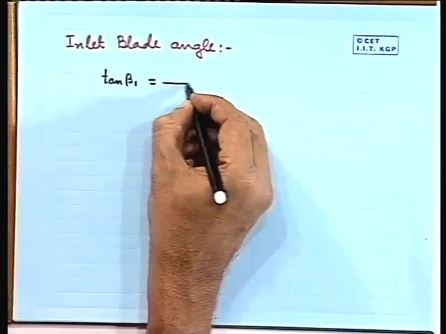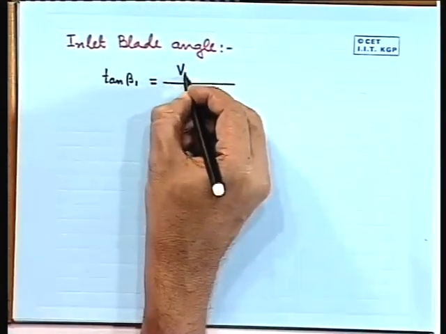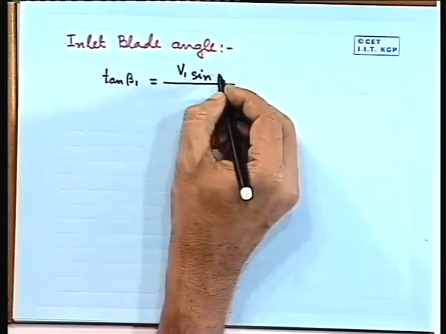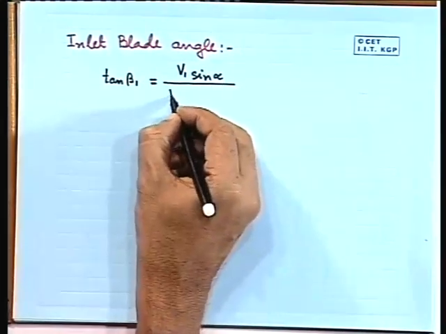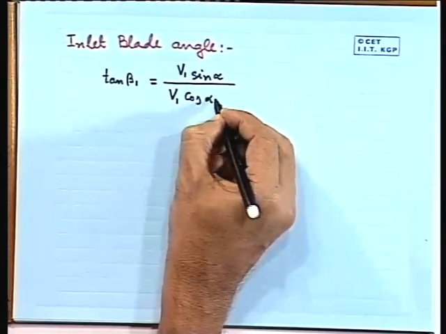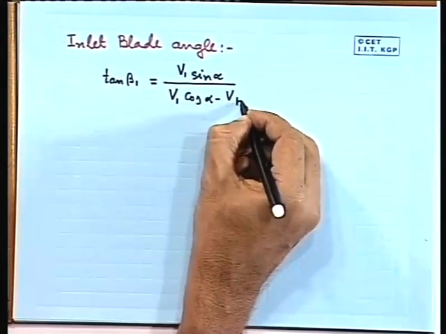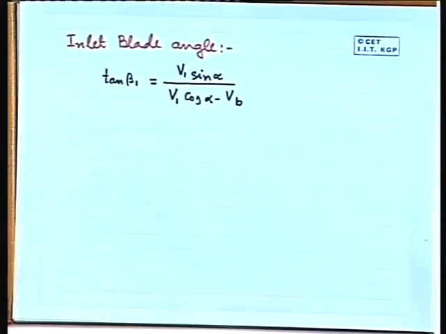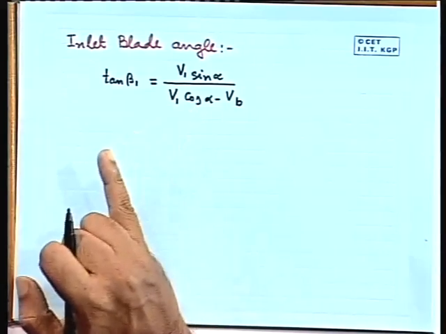So, we can write V1 sin of alpha over V1 cos of alpha minus Vb. So, for the inlet blade angle, what do I have to know?